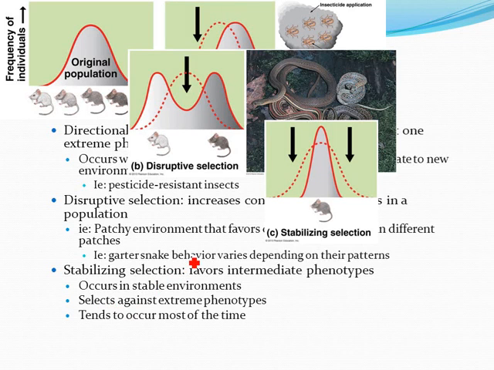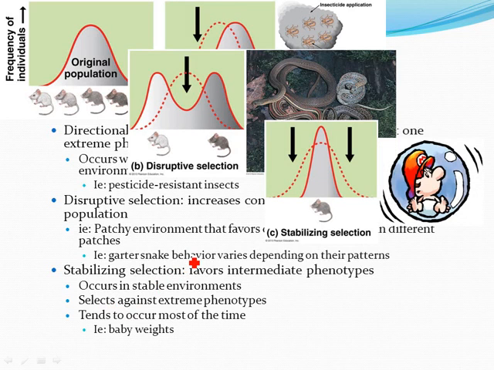Babies that are way too small or way too big tend not to survive, but those that are intermediate tend to survive. Those that are too small may not be developed enough, and so they die. Those that are too big could be so big that they don't pass through the birth canal of the mom, which causes death of the baby as well. So those that are intermediate tend to survive.